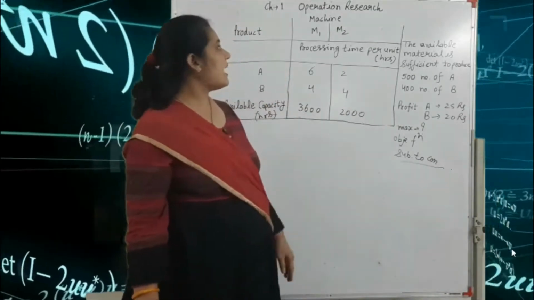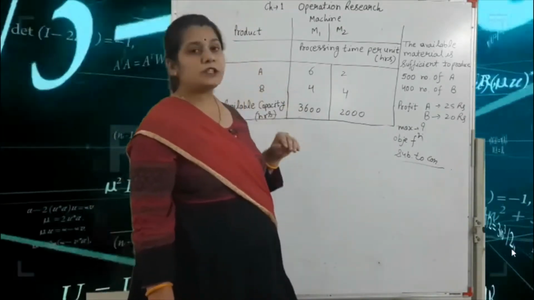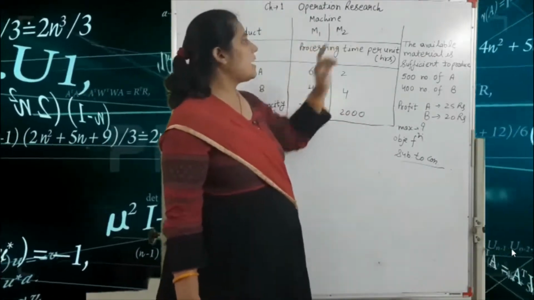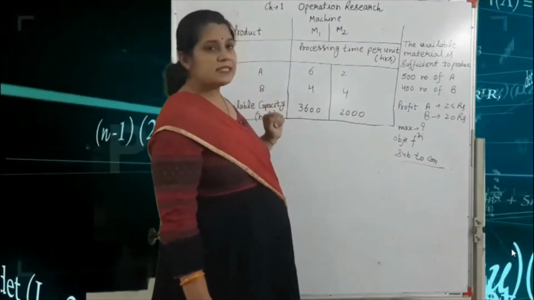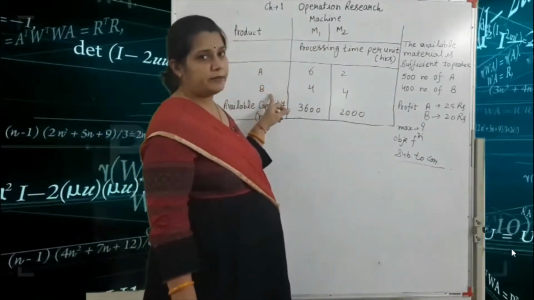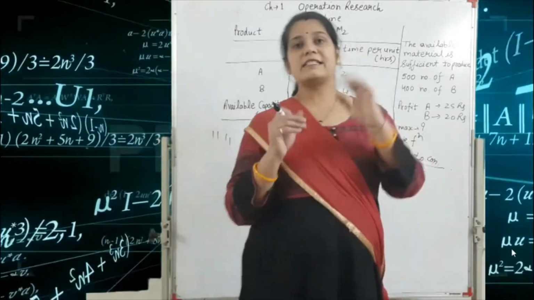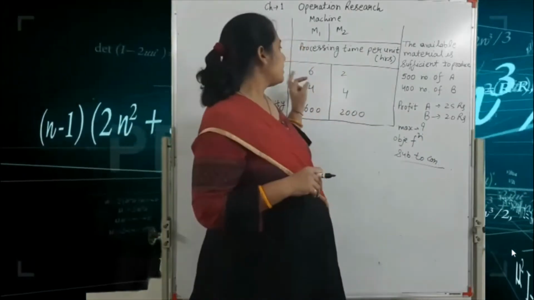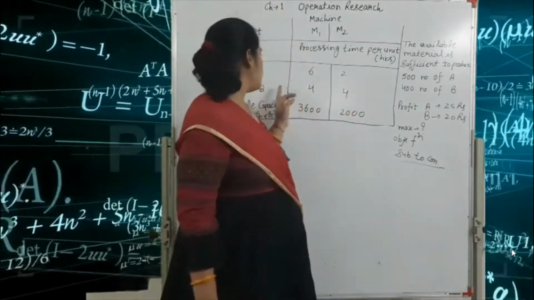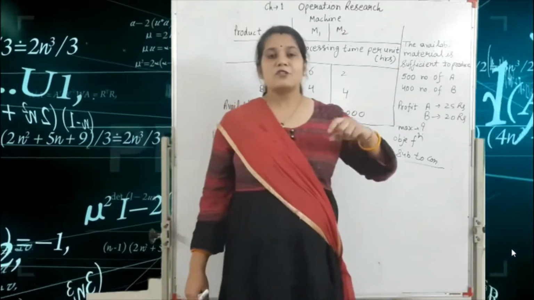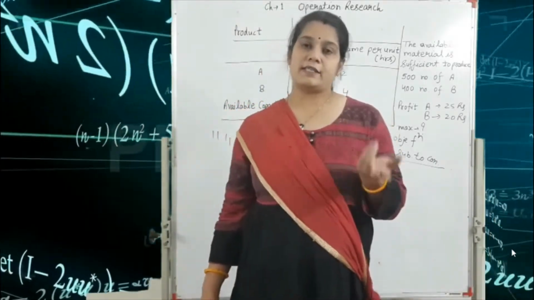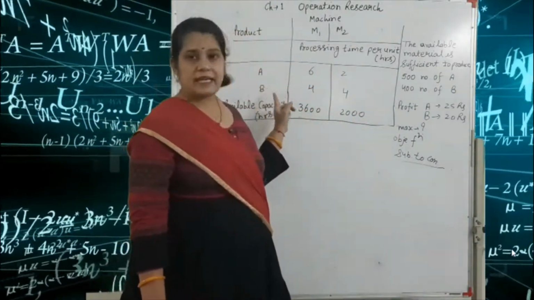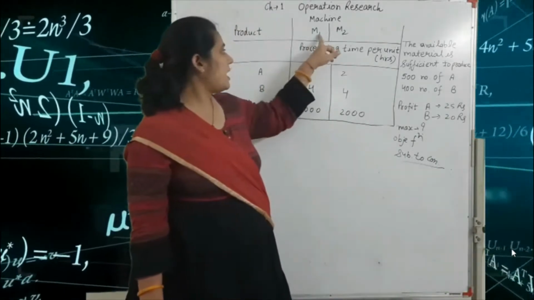The question is that a company has two products A and B, and every product goes through two machines M1 and M2. Here we write the products A and B. First you decide the decision variable. Decision variable defines these product values. That means here we have two products, so we consider two decision variables x1 and x2, or x and y as you wish.